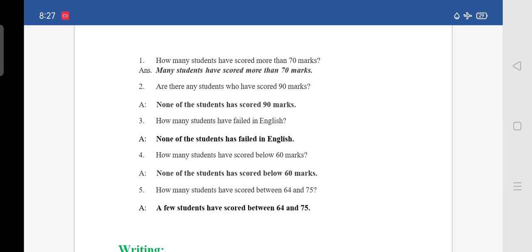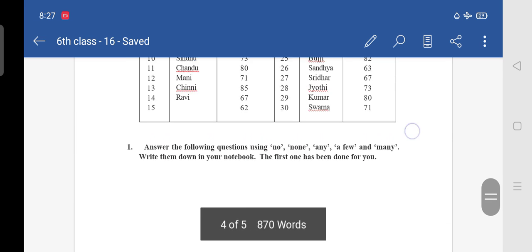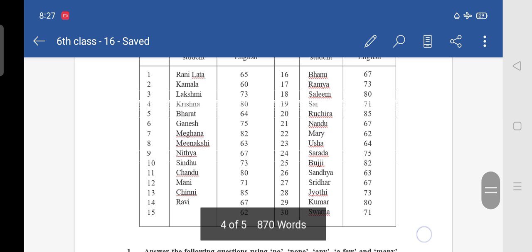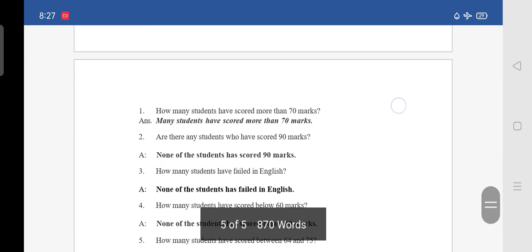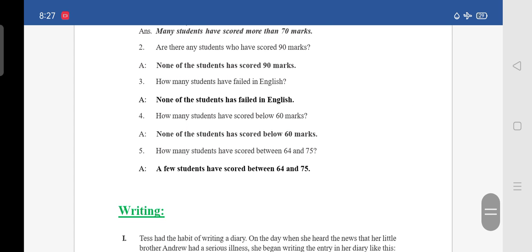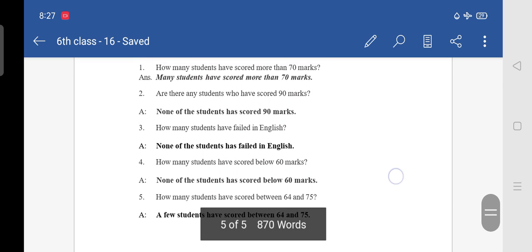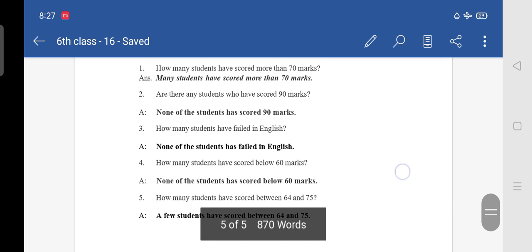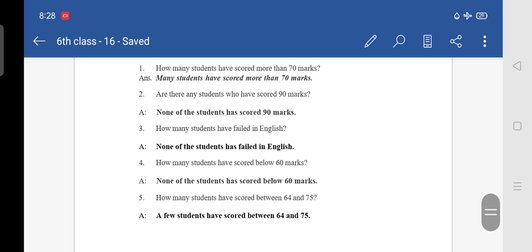Second, are there any students who have scored 90 marks? Did anyone score it? No one has got above 90, isn't it? So what you write is, none of the students has scored 90 marks. See here carefully, don't make spelling mistakes.